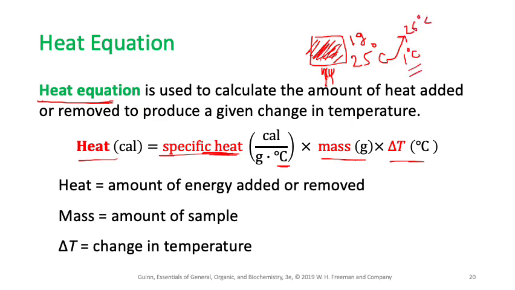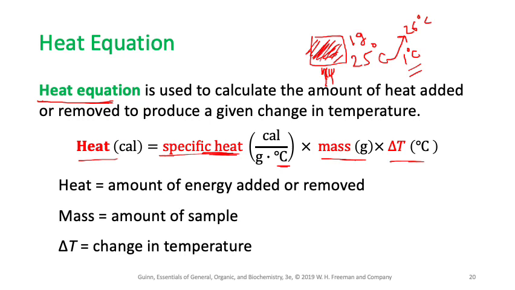What's the change? 1 degree Celsius. Different substances might absorb different amounts of energy before they can raise their temperature by 1 degree Celsius, and it depends on the specific heat of that particular matter.